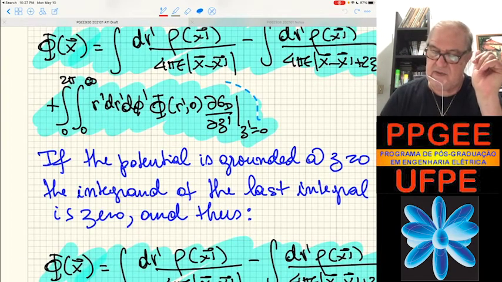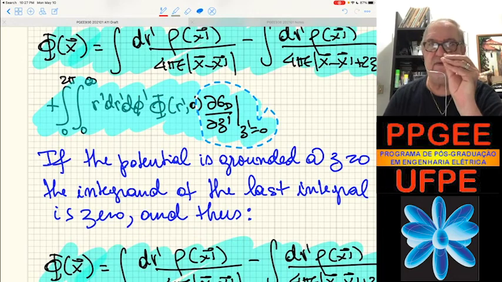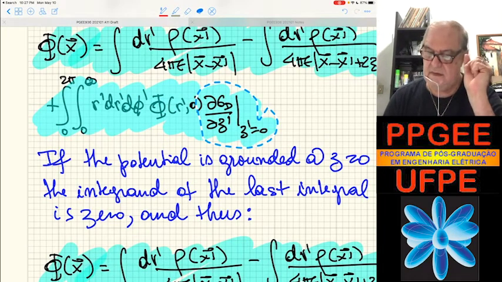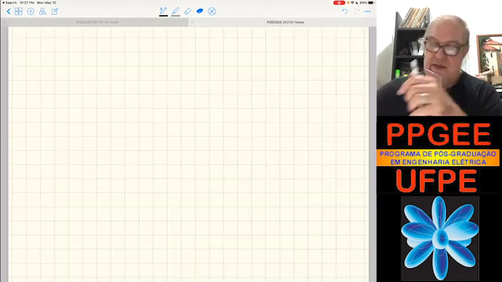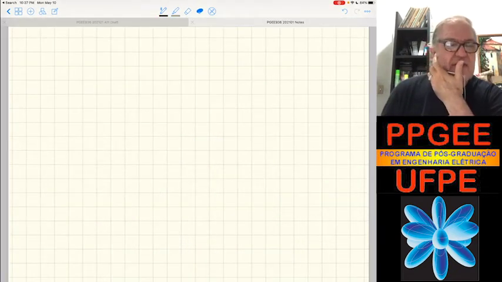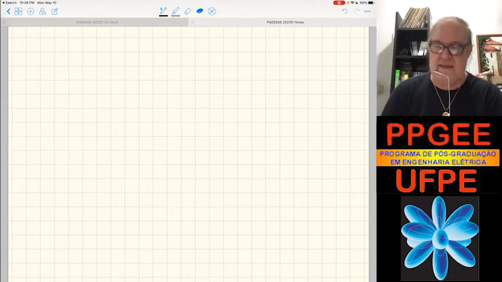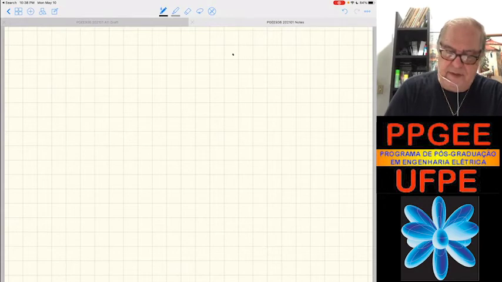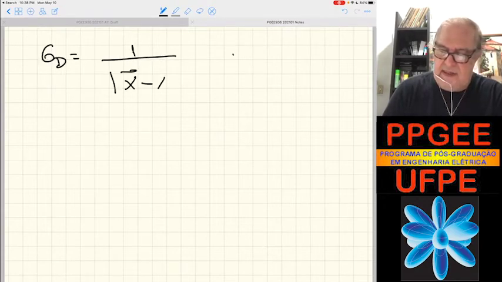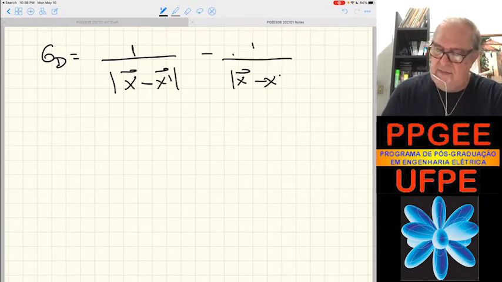So this has to result as a function of r and also as a function of z, r and z. So let me just outline how to calculate the derivative. G_D equals 1 over |x minus x prime| minus 1 over |x minus x2 prime|.